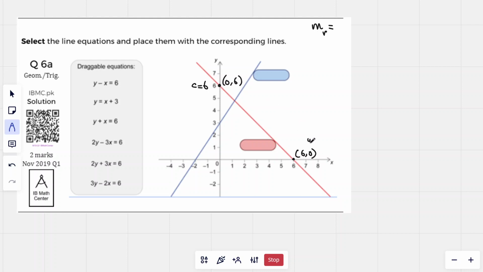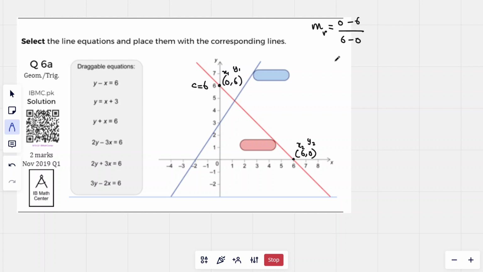So 0 is y2, 6 is y1, 6 here is x2, 0 here is x1. The coordinates of this point are x1, y1. The coordinates of these points are x2, y2, right? So y2 minus y1, that's 0 minus 6, divided by x2 minus x1, that's 6 minus 0.